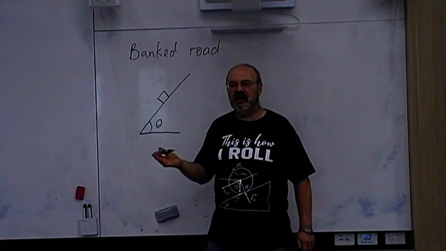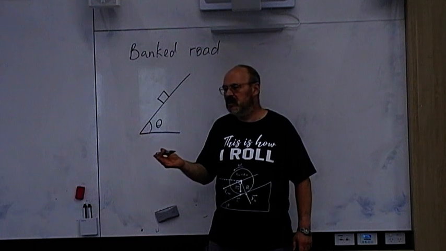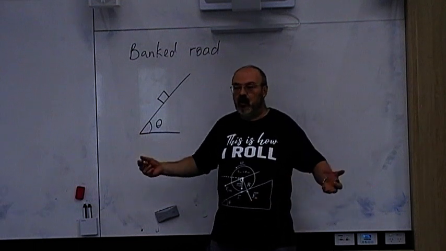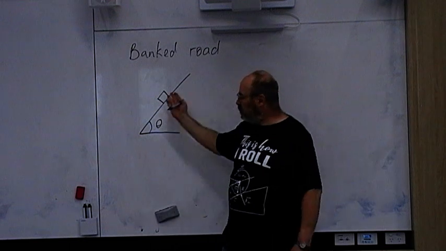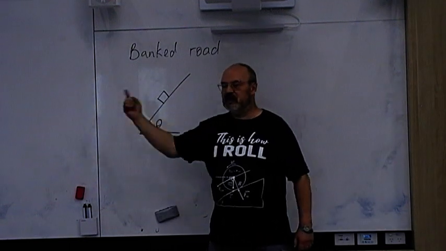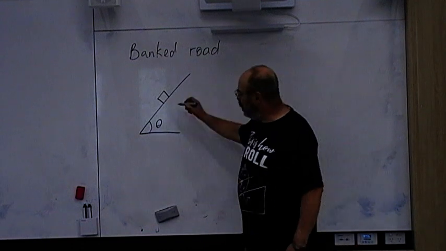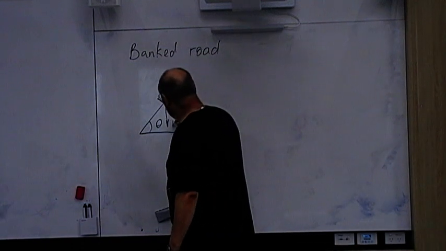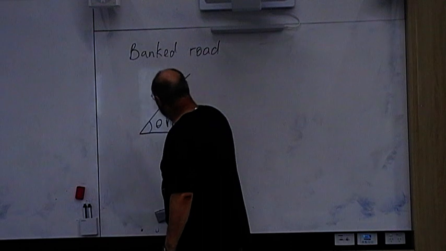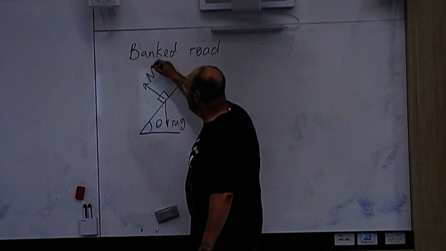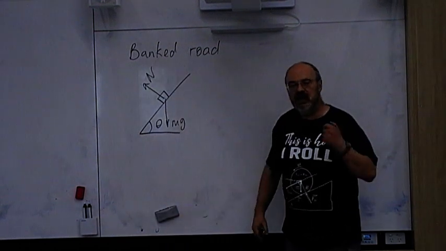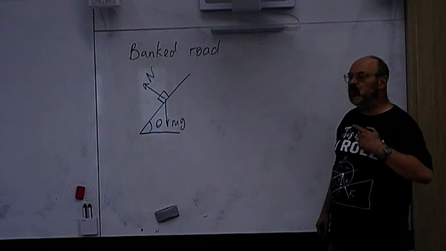Remember those NASCAR races, or a velodrome, where they're moving in a circle? That's the situation. Which forces are acting here? mg and the normal reaction. And we consider how it turns without the help of friction.